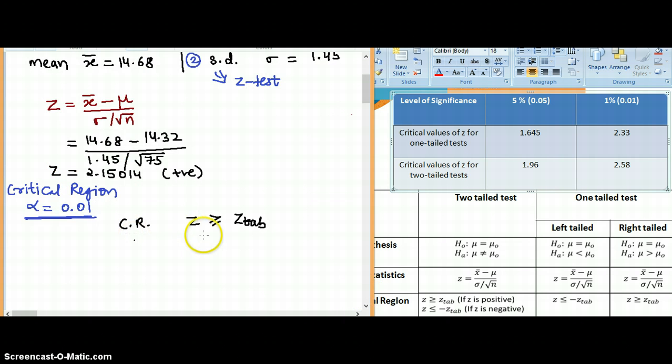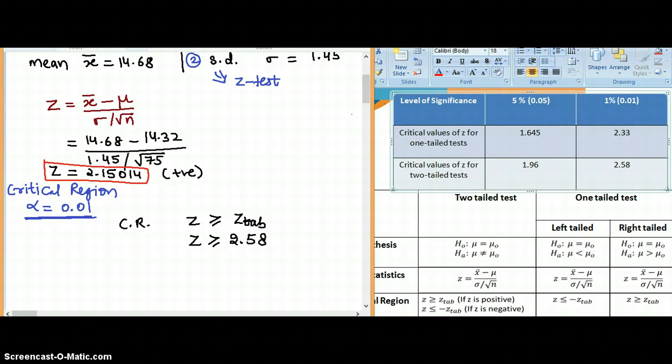So the critical region is Z greater than or equal to 2.58. So what does it mean? It means that if the Z value which we calculated comes out to be more than 2.58, we reject the null hypothesis. Otherwise, we will accept the null hypothesis.